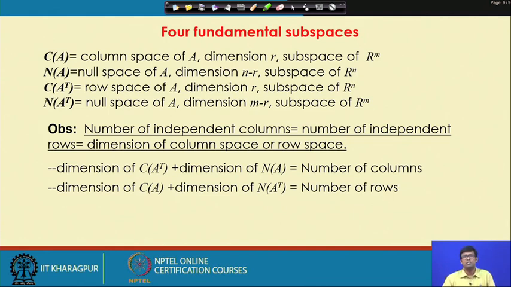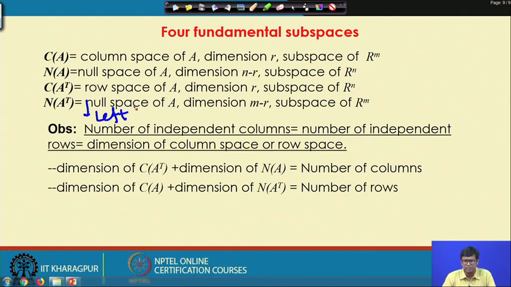And we have left null space, or null space of A transpose. Sorry, we should write this as left null space of A, or null space of A transpose. It has dimension m minus r and it is a subspace of Rm.